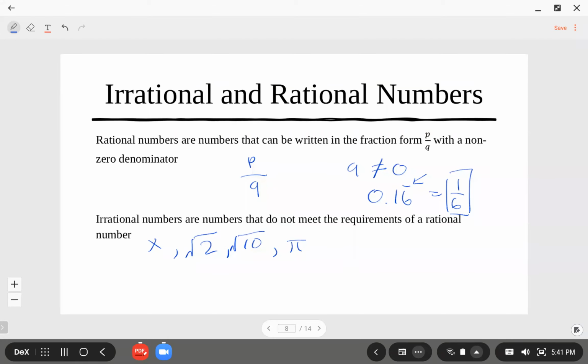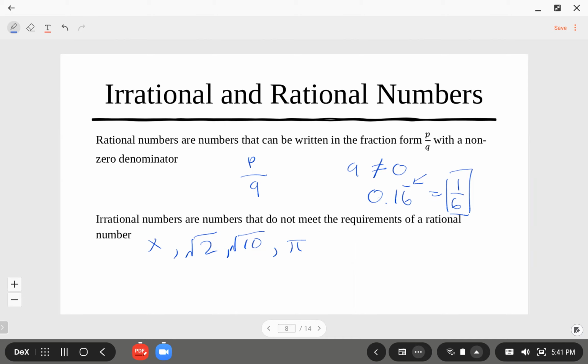It can't be a random repeating decimal, okay? A terminating decimal means that it stops at some point. Let's say 10.25, right? It stops at the hundredths place at 5, right? But pi, that decimal goes on forever, right? So p can't be a decimal that repeats forever, okay?